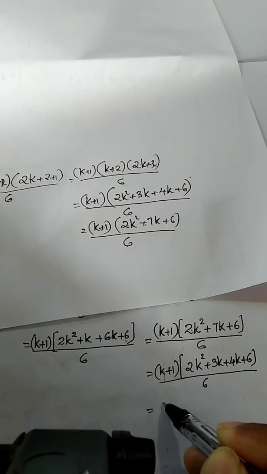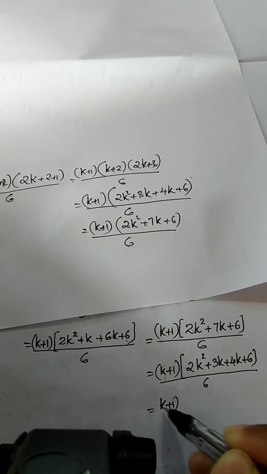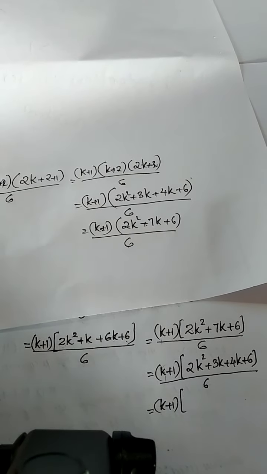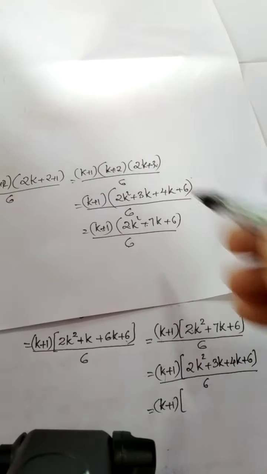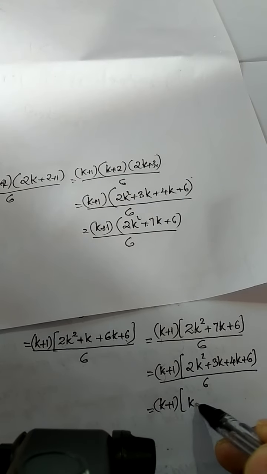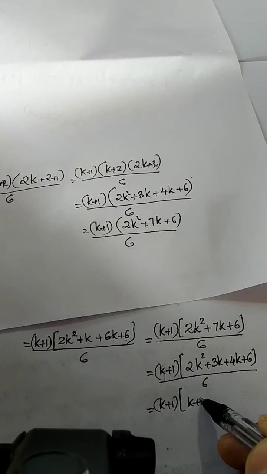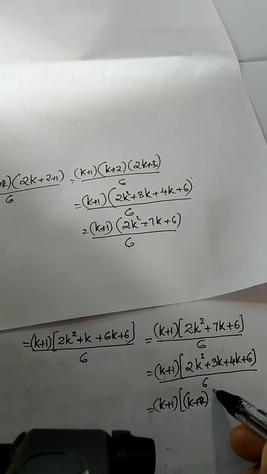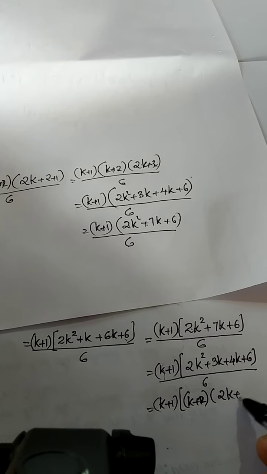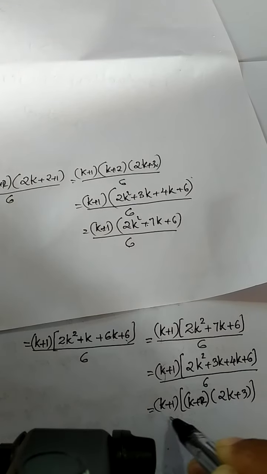Now k plus 1 is outside, there is no difference. Look here, we can write this like (k plus 2)(2k plus 3) by 6.